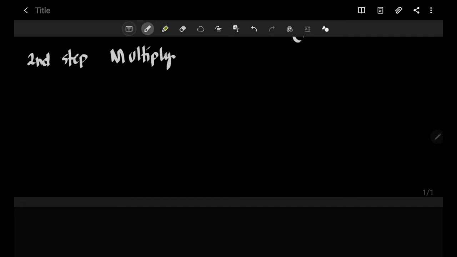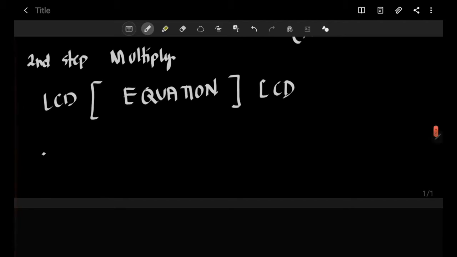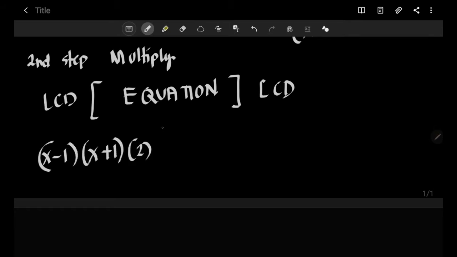Sino ang imumultiply mo? Imumultiply mo ngayon yung LCD mo to both sides of your equation. So, i-rewrite natin, ano ba ulit ang LCD mo? So, you have x minus 1 multiplied by x plus 1 multiplied by 2.